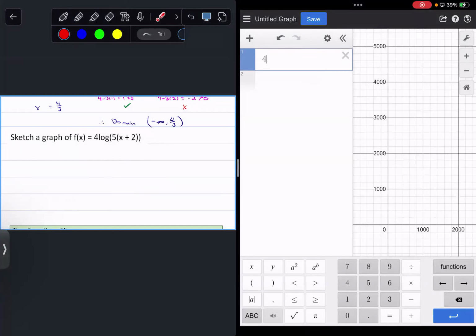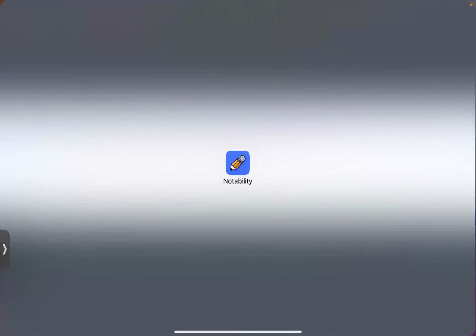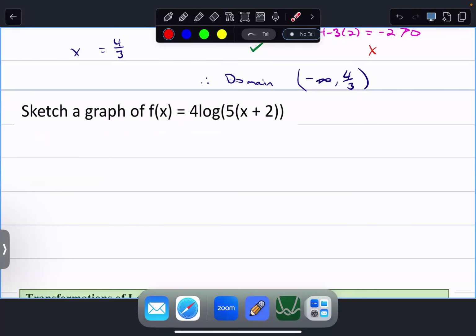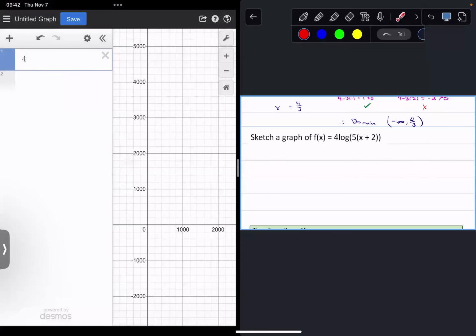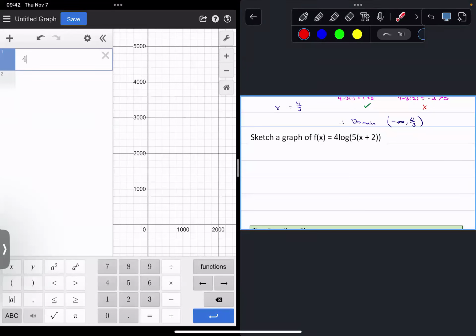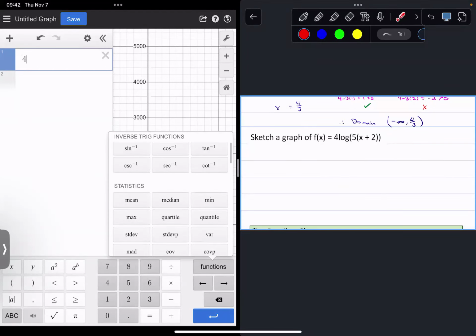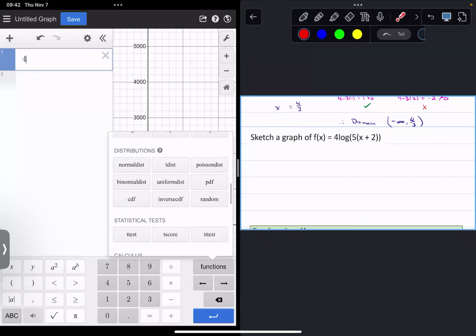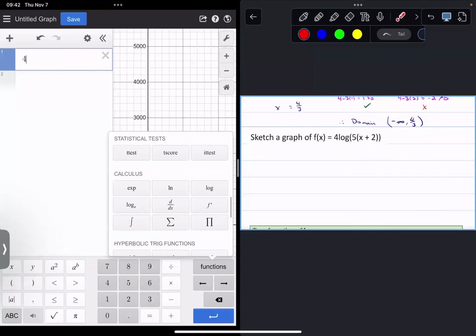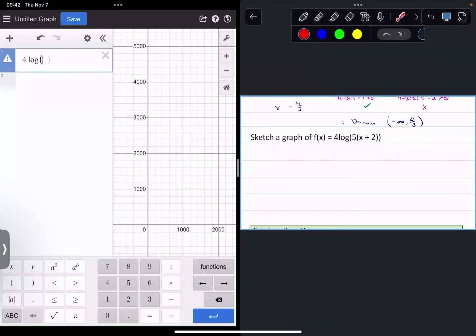Now the log is down in the function, so function's in the right-hand corner here, and you're gonna need to scroll down to the log. We'll just use log base 10 of 5 times x plus 2.